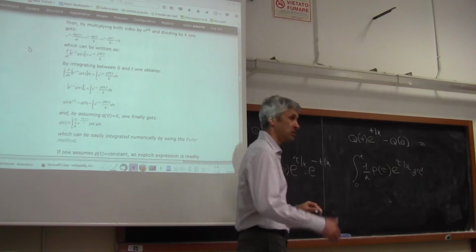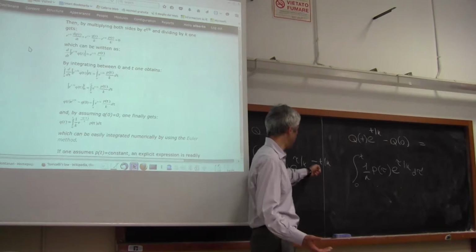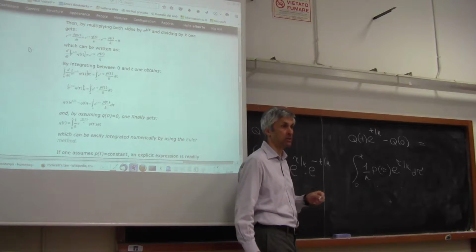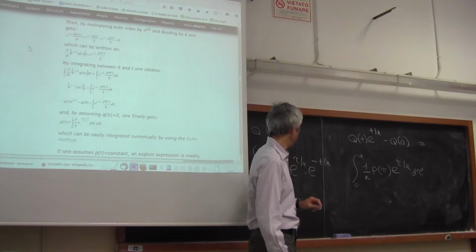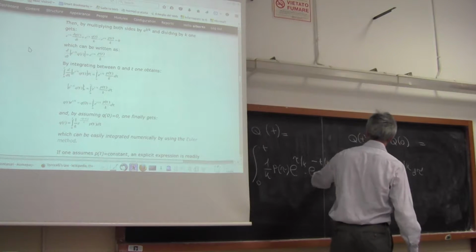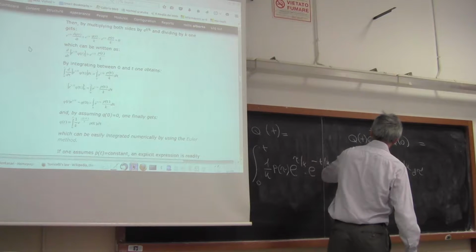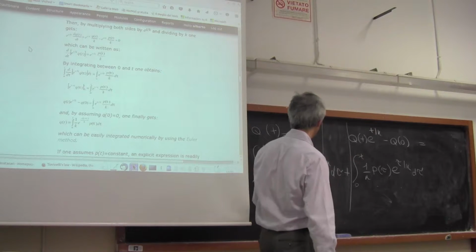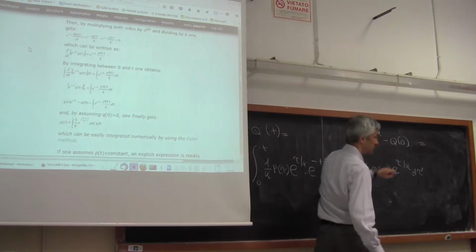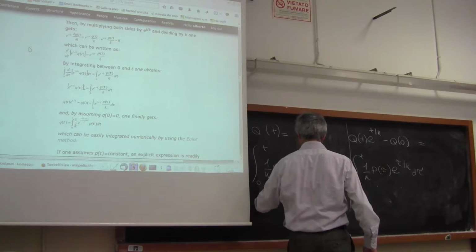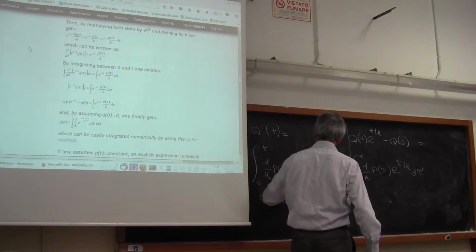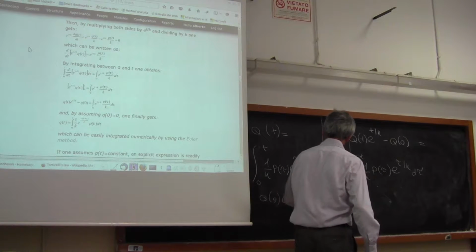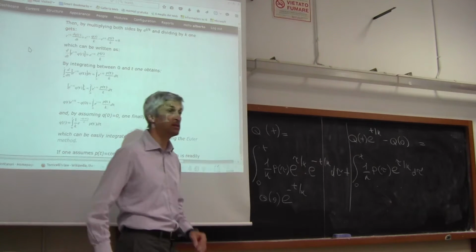Minus, why? Because I should divide. So the exponent, I just changed the sign to the exponent in order to divide, in the tau, plus, I have a plus here, plus what? Q0, which multiplies e to the power of minus t over k. It's divided.